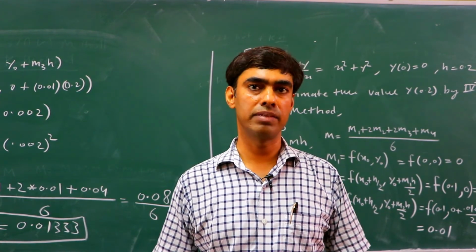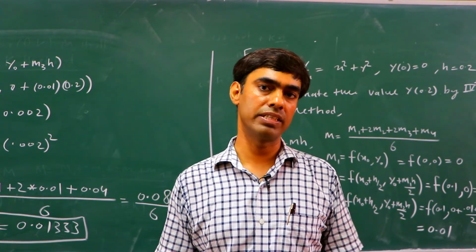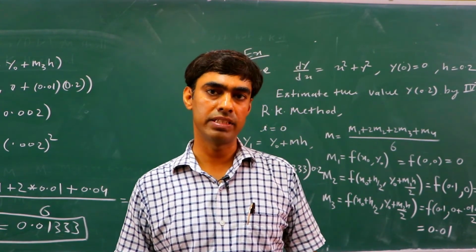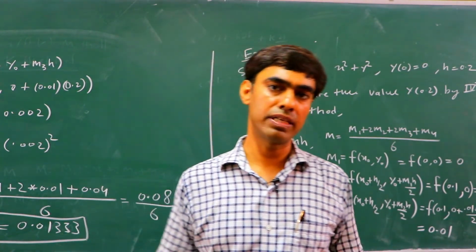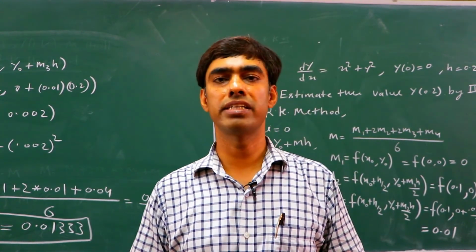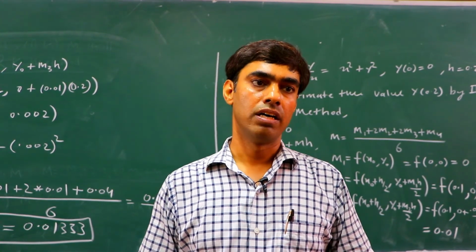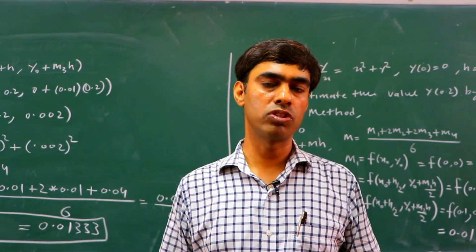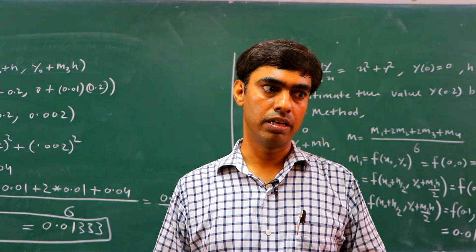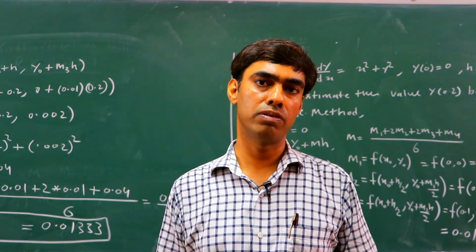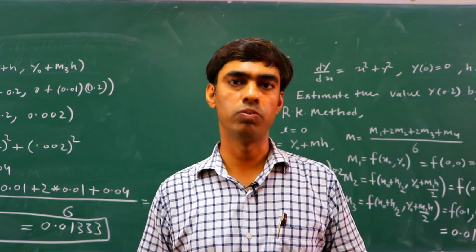We have covered the RK method of first order, the RK method of second order, and the RK method of fourth order. If we summarize, the Runge Kutta method is based on an average of different slopes taken at various points from xi to xi plus 1.